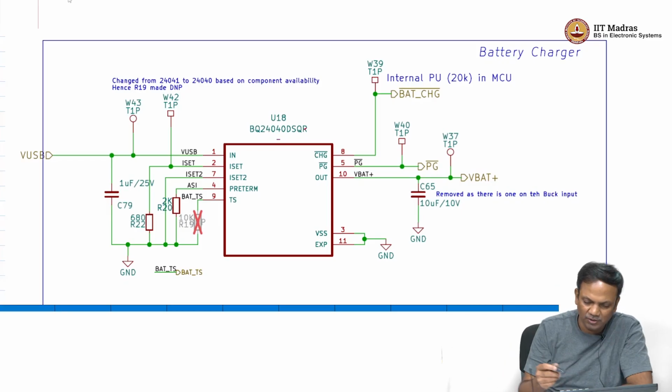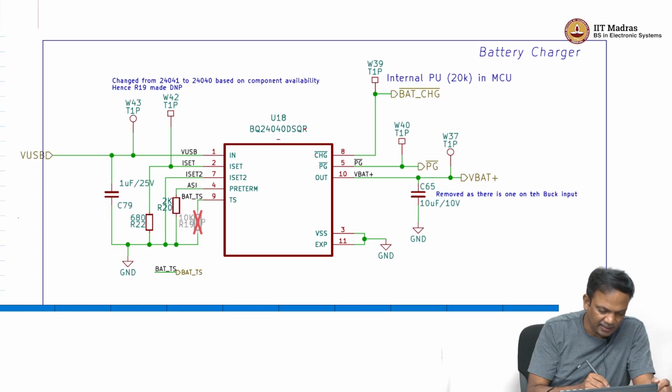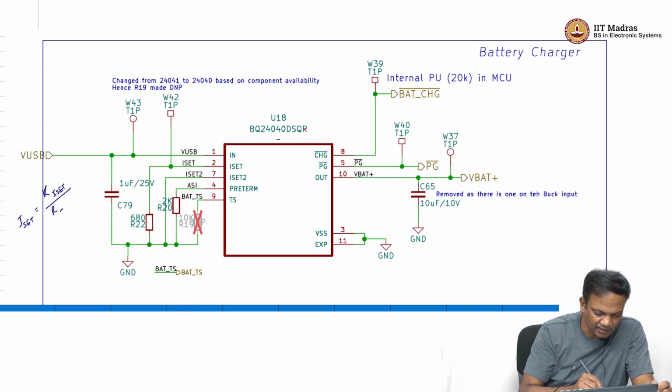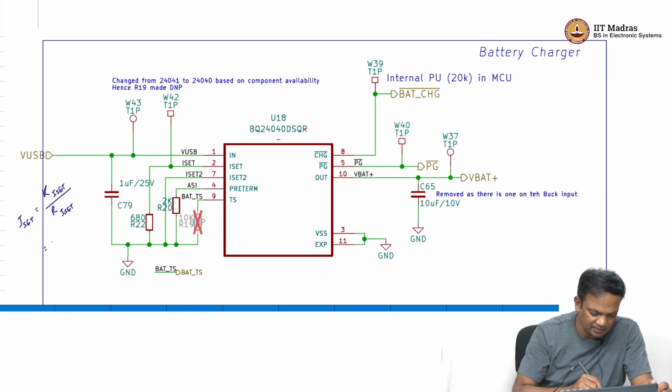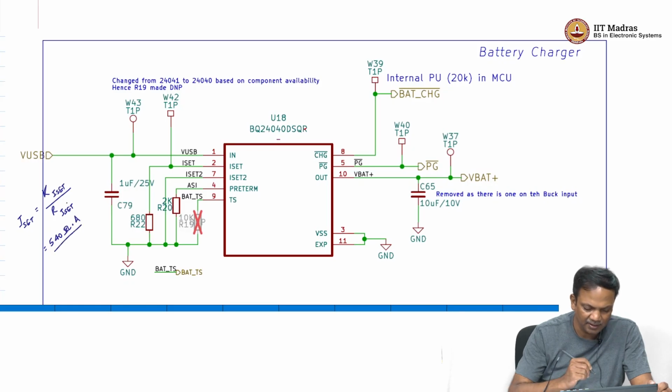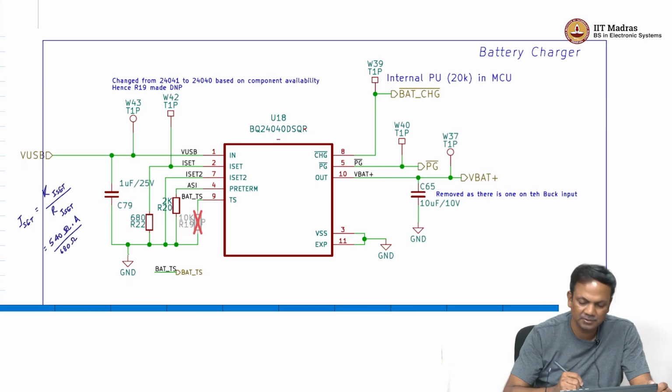If you remember, I_SET is equal to K_ISET divided by R_ISET. K_ISET is 540 ohm ampere, divided by R_ISET, which in our case is 680 ohms.